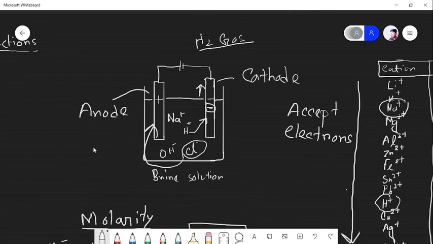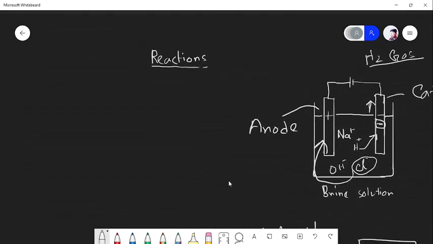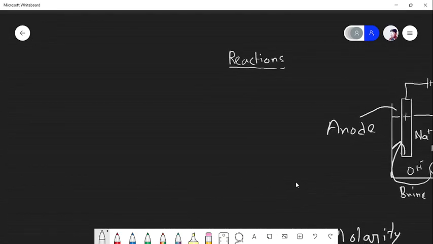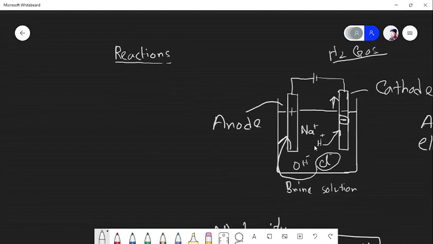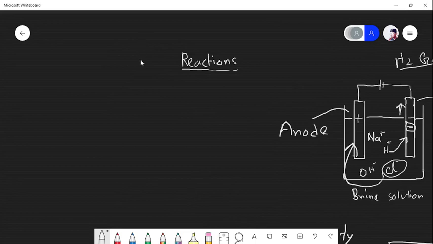and donates the electron. So let's see what reactions take place here. First, let's say the reaction of hydrogen. Hydrogen will go to the cathode and it will gain an electron and become hydrogen gas.